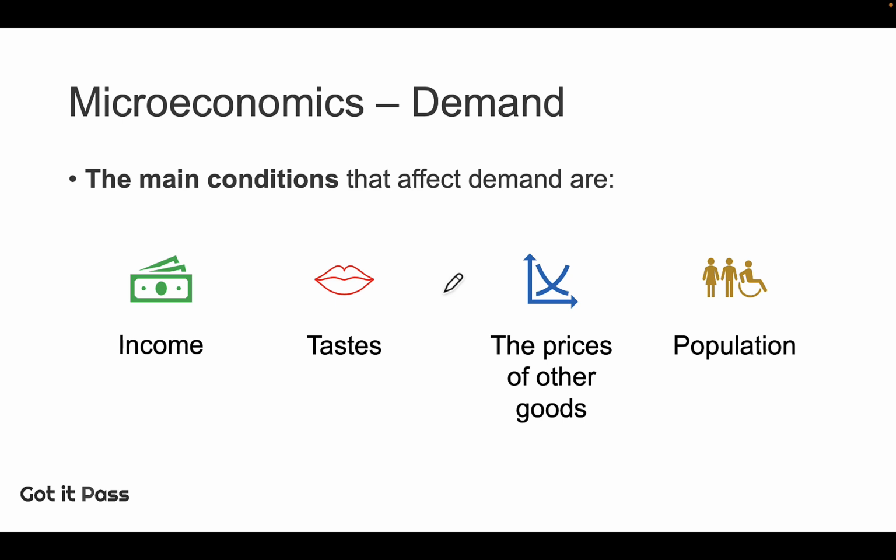But if the main conditions, like here in the slide, the income, taste, the prices of other goods, population, all these factors change, then the demand curve shifts inward or outward.